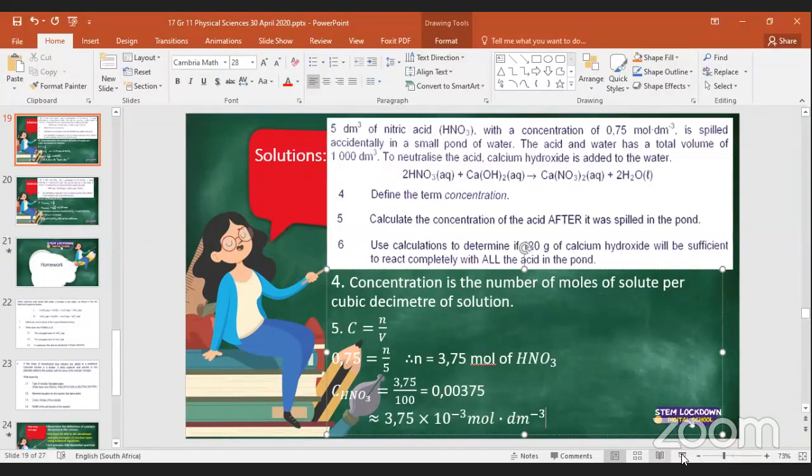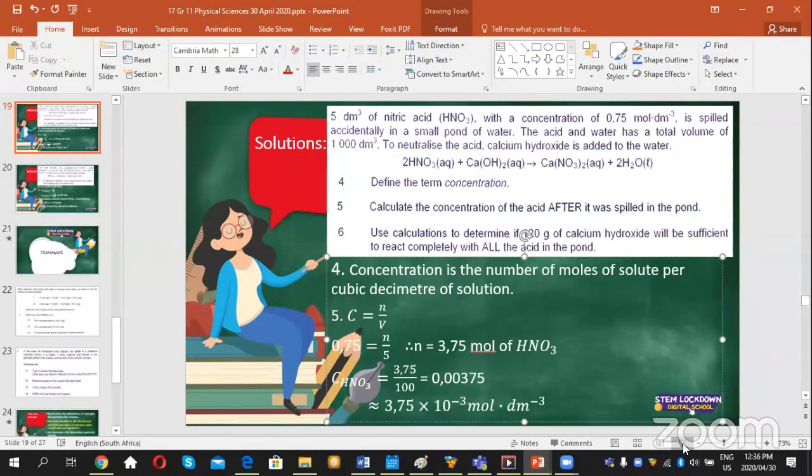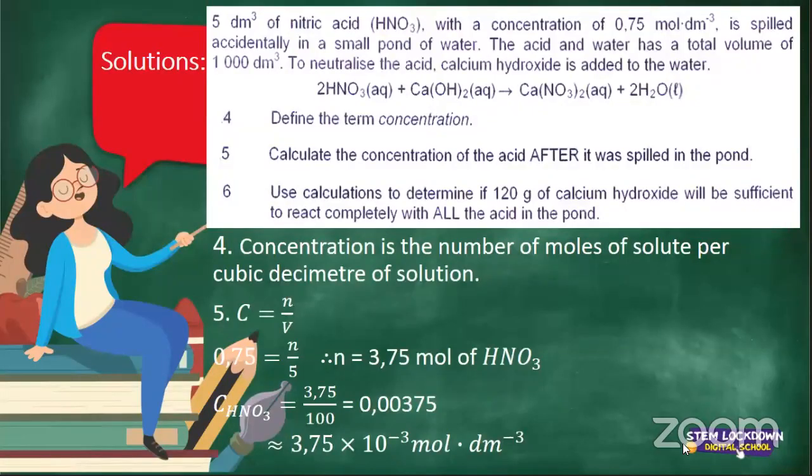Right. Because we have been told that the acid and water have a total volume of 1,000 cubic decimeters, right?